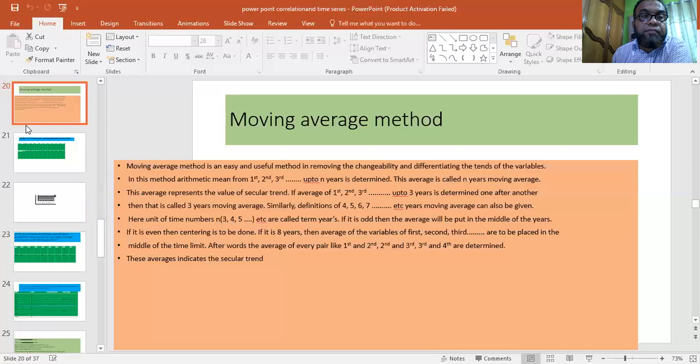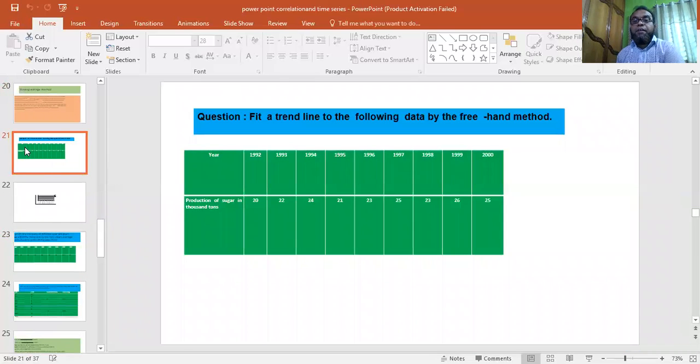Now, fit a trend line to the following data by the freehand method. Data is given: the year 1992, production of sugar in 1,000 tons: 1992, 20,000; 1993, 22,000; 1994, 24,000; 1995, 21,000; 1996, 23,000; 1997, 25,000; 1998, 23,000; 1999, 25,000; 2000, 25,000.